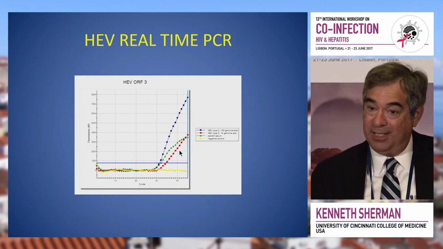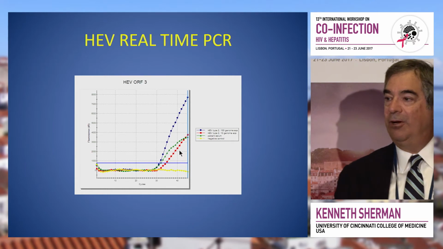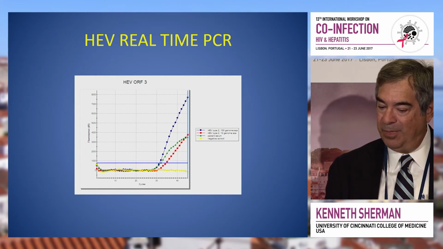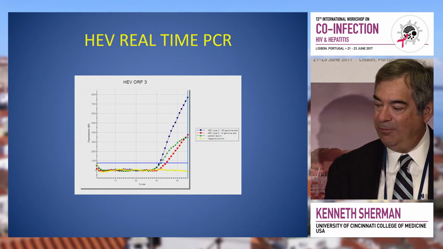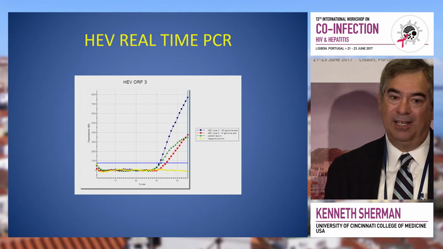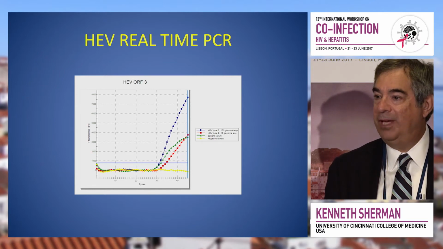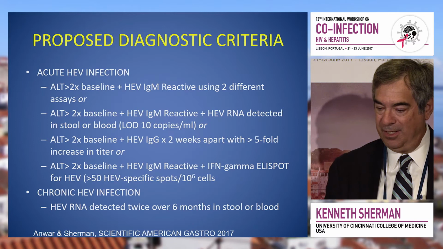So we do have assays that can detect very, very low levels of virus. The top two lines here are detection in a patient, and in fact, we are able to detect to very low levels, but the period of viremia, again, is short, and even with such a sensitive assay, we often miss the acute period when following patients with HEV.